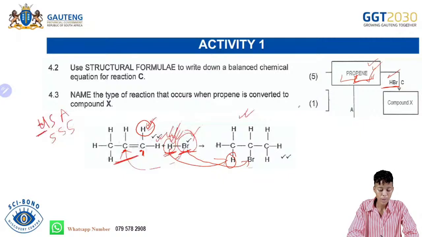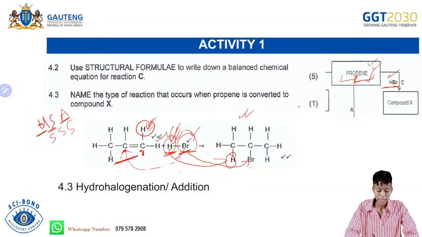So if we are moving from unsaturated to saturated, therefore the type of reaction will be an addition reaction. Okay, but what type of addition reaction? What is it that we are adding? We can see that we are adding a hydrogen and a halogen. So therefore it would be called hydrohalogenation, which is bromine that we are adding over there.